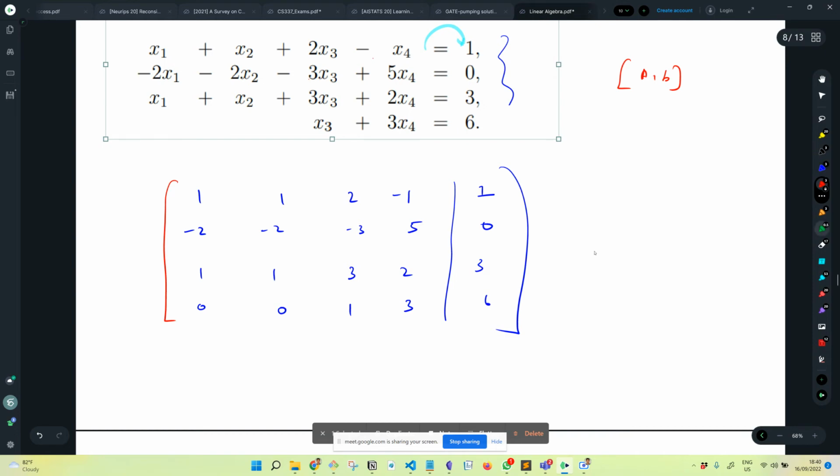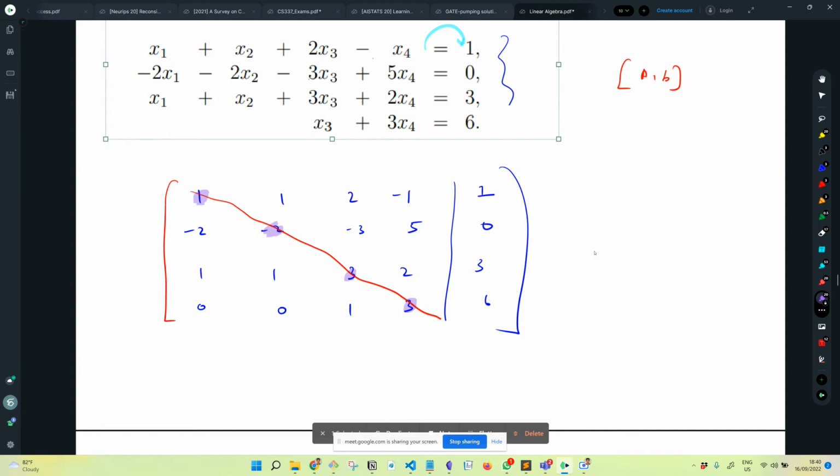So let me draw the diagonal here. So the diagonal ends here, which means our target is to make the purple entries equal to 1 or 0. So basically, we'll try our best to make the entry as one. There may be some cases where you cannot really make an entry as one. In that case, you just give up and you make that entry 0.